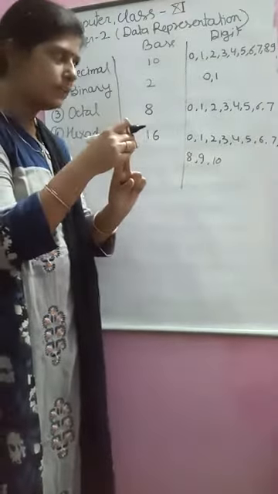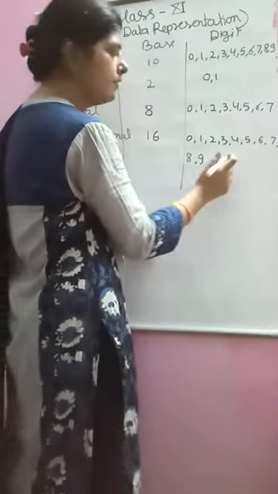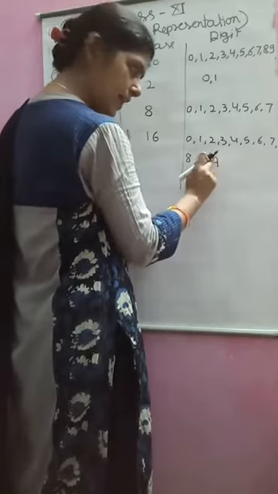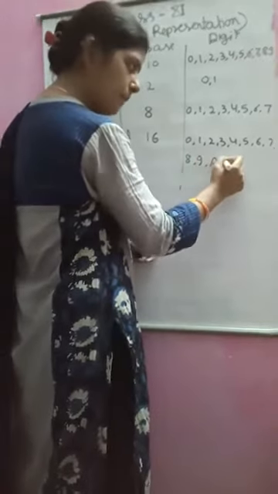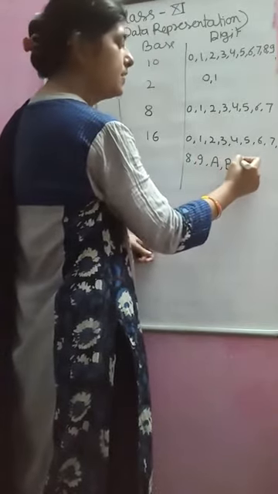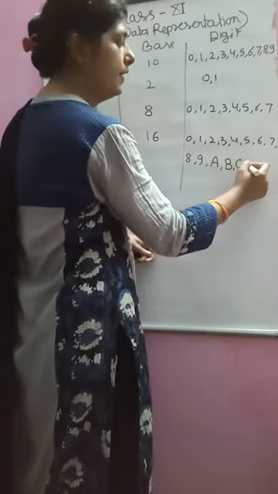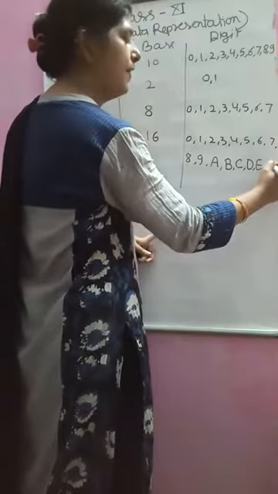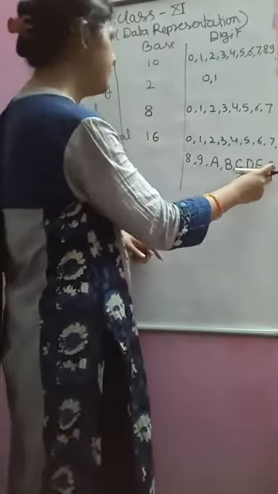How can you represent it? For 10 we use the symbol A. A for 10, B for 11, C for 12, D, E, F. F is for 15.